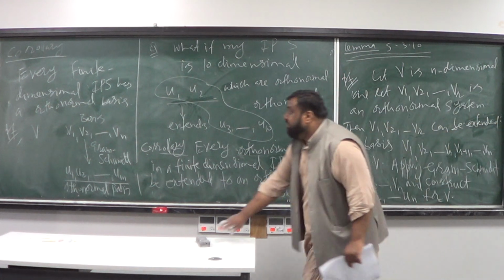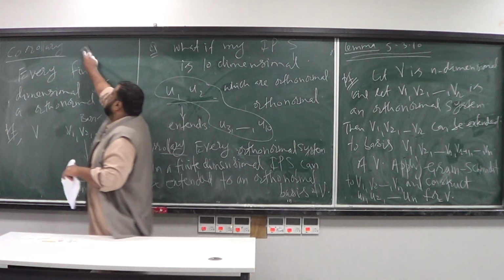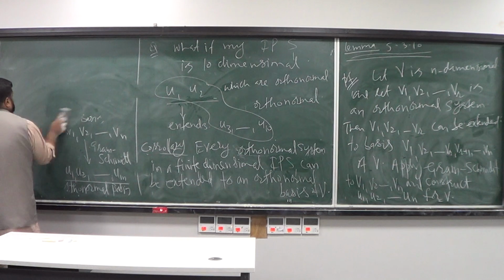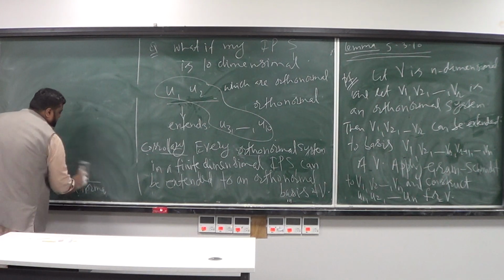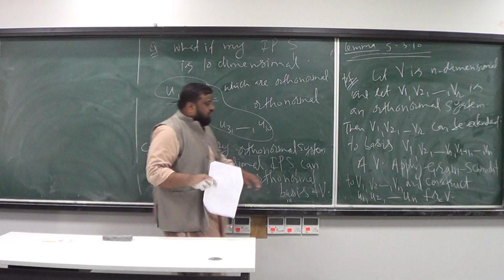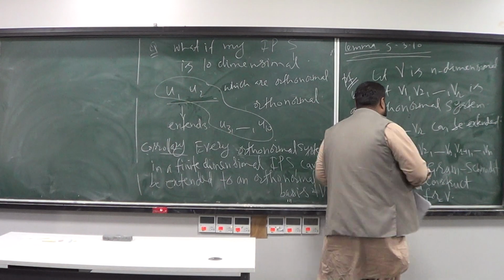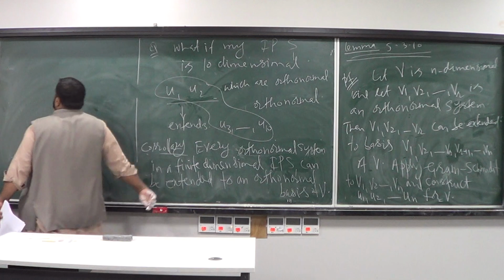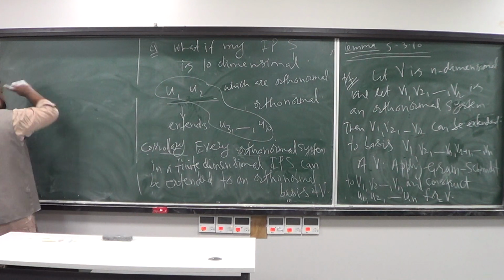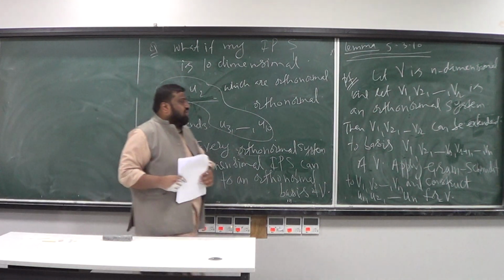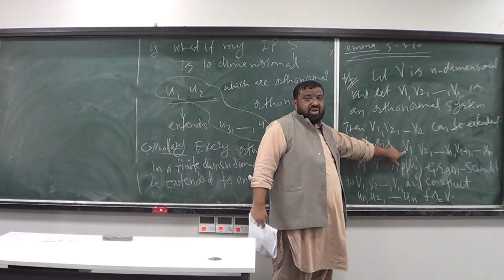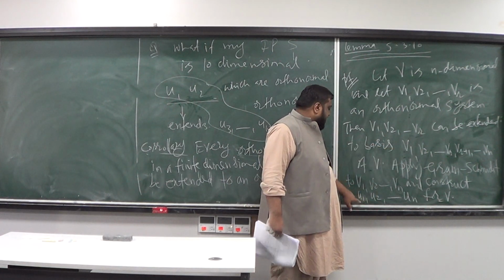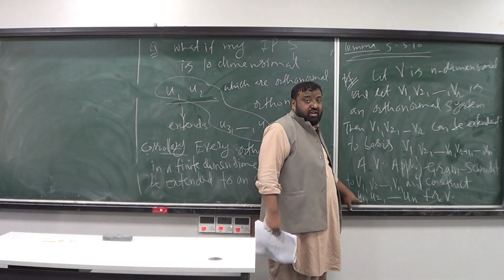So if you apply the Gram-Schmidt process on V1, it will give you U1.